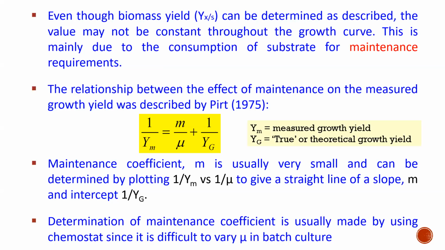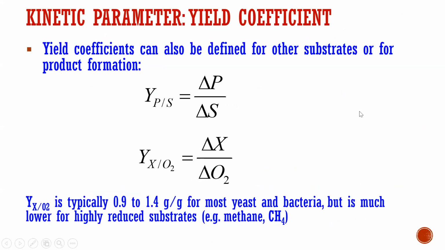So let's move next. The yield coefficient can also be defined for other substrates or for product formation. You can have P as well. Just now was the biomass coefficient.